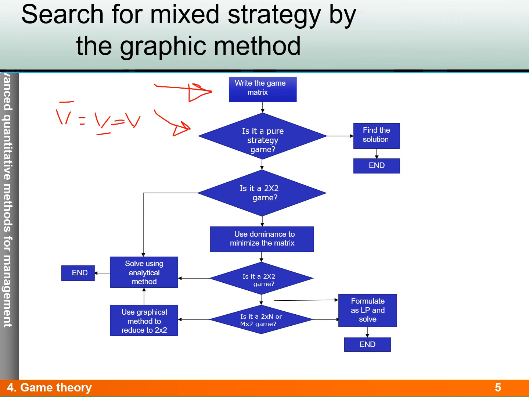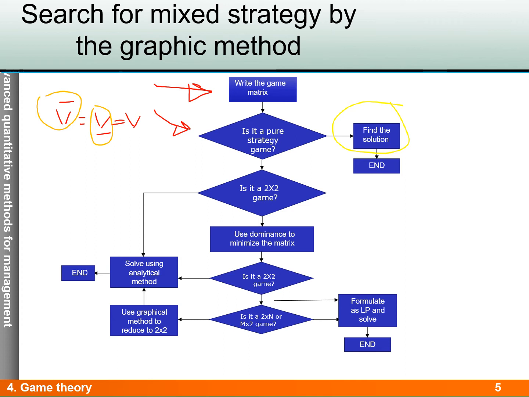Minimax can be shown with this form and maximin with this form. If they are equal, it means that there is a saddle point and the game has a pure strategy. So this is our saddle point and we finish our example here.